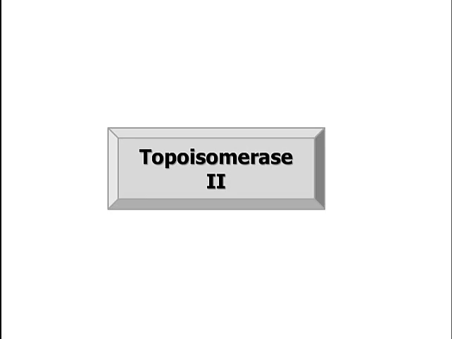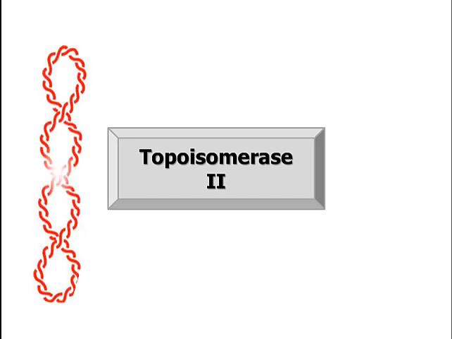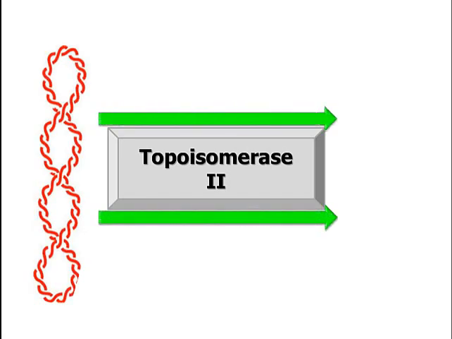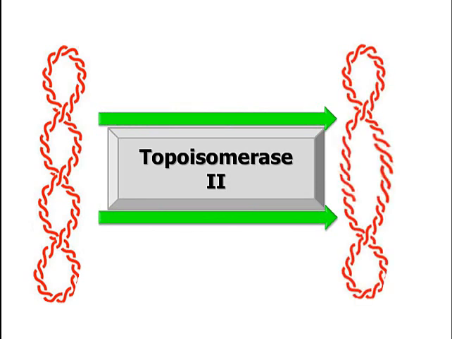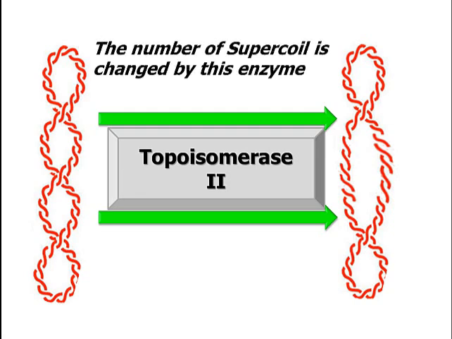So, we realize the way that these sequences of DNA containing supercoil under the action of topoisomerase 2 are changed to this one. The number of supercoils is changed by this enzyme.